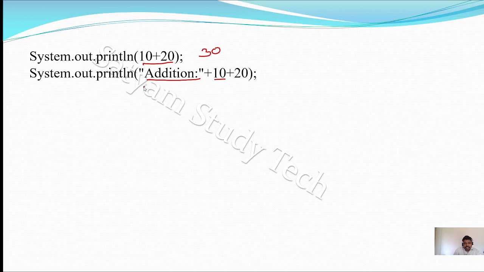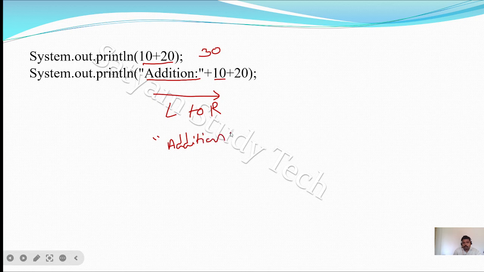But in this case it is a string type, so it is an integer. So here this is the expression. This expression is evaluated from left to right. So here the left is a string, addition colon, this is a string, plus 10.